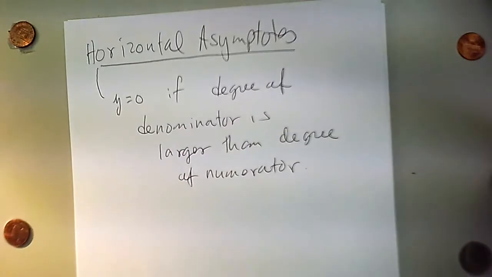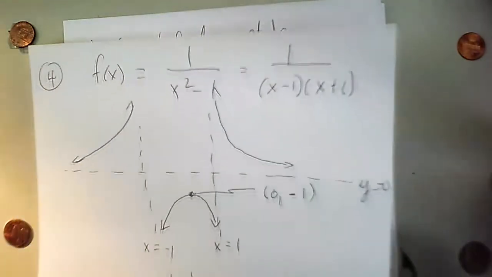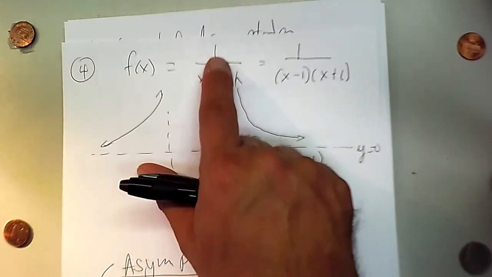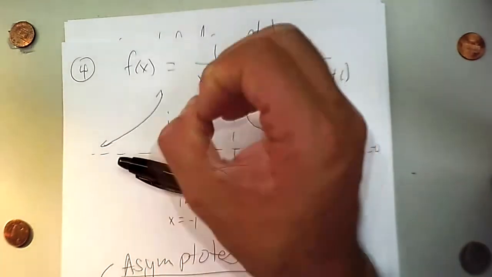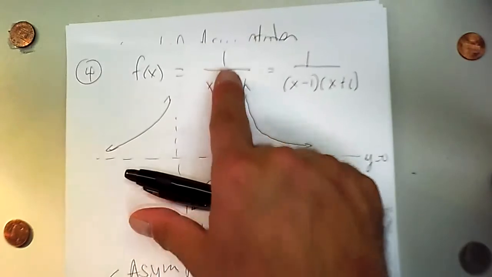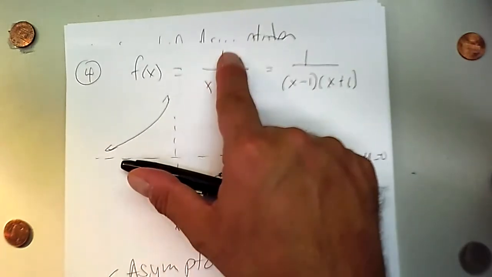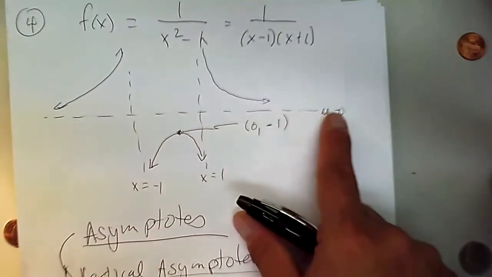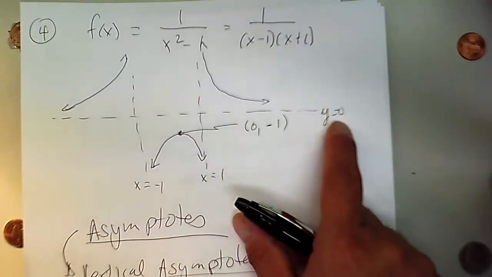So in example 4, the degree of the denominator is 2. The degree of the numerator is 0. 2 is larger than 0, and that's why we have a horizontal asymptote y equals 0.